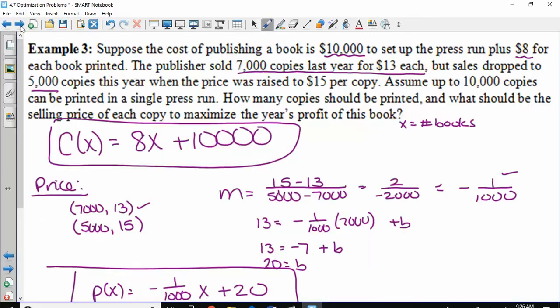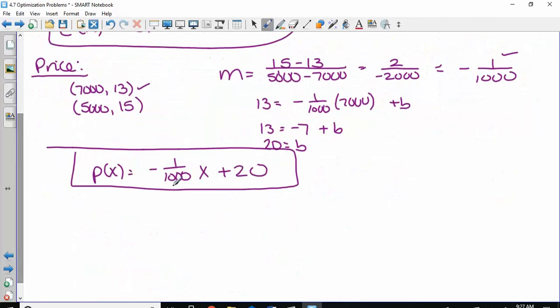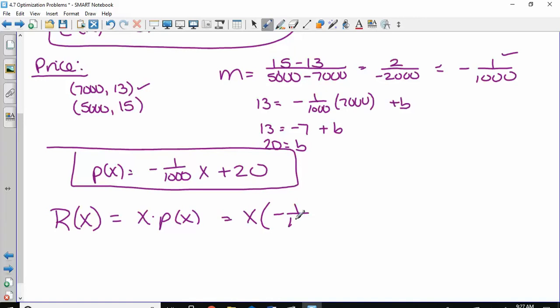The amount of money I bring in is how much I charge for it times the number I sell. So my revenue is x times p of x, or x times that equation I just wrote. We get negative 1 over 1,000 x squared plus 20x.